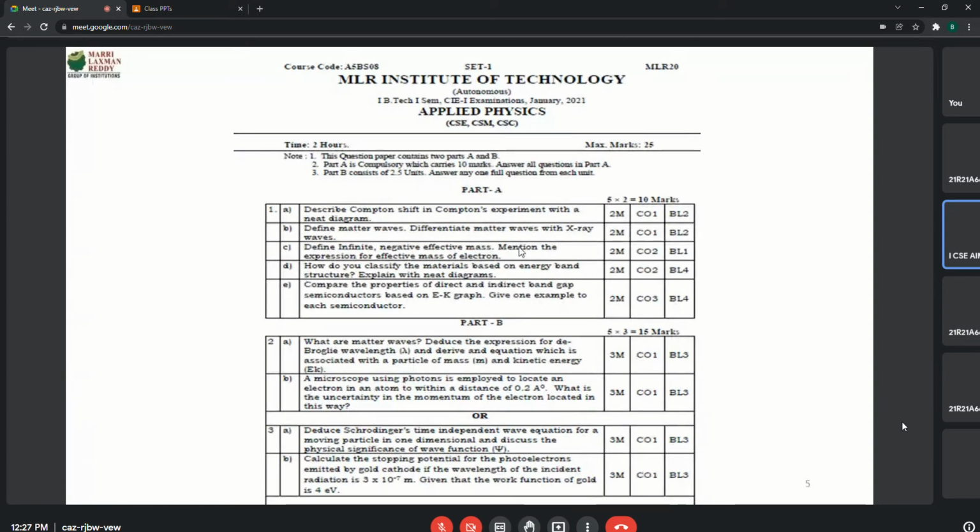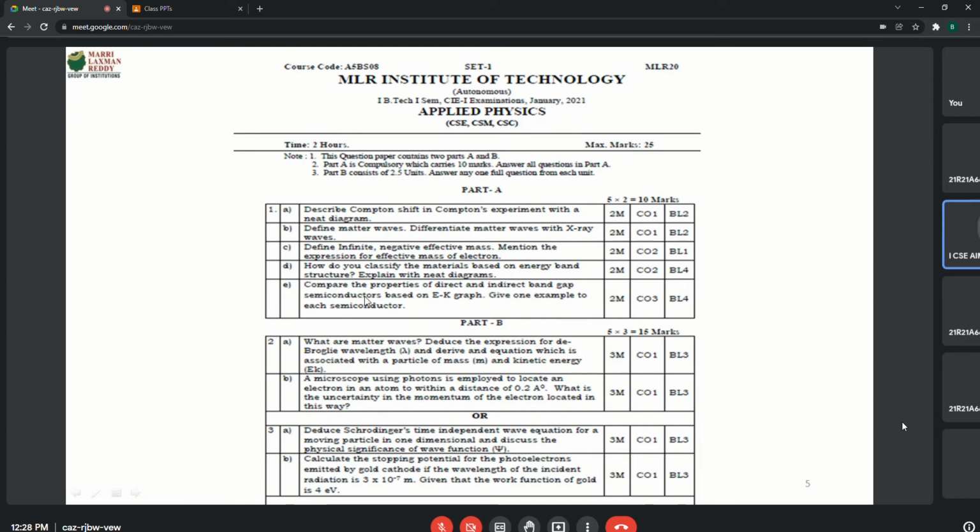That is C, the second unit question. D is also from the second unit. So the first two questions are from unit 1, the second two from unit 2, and the fifth question is from the first half of unit 3, the first topic, semiconductors, not the semiconducting devices.